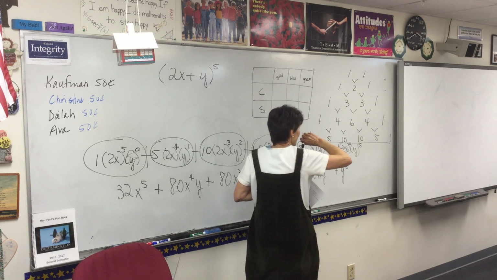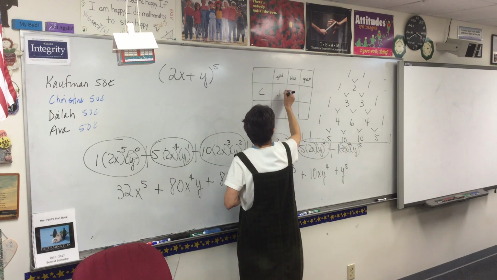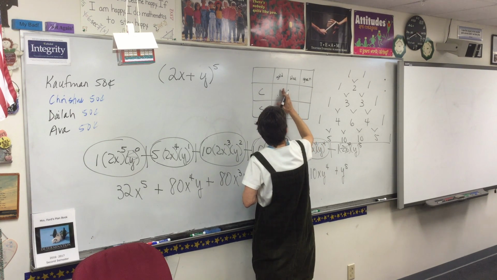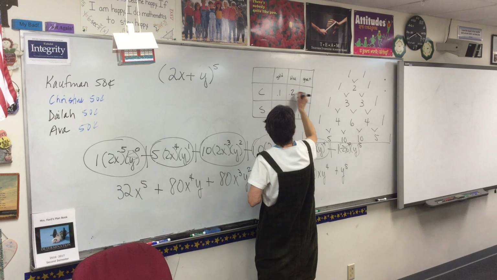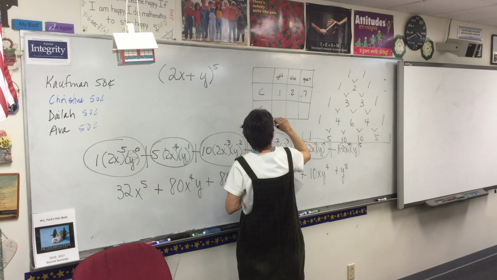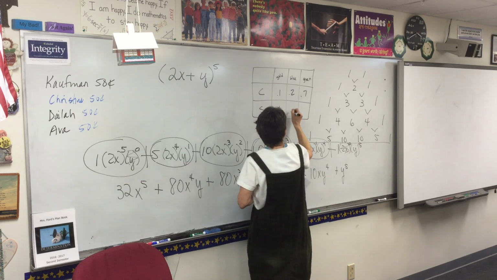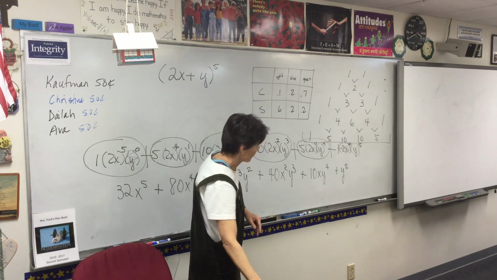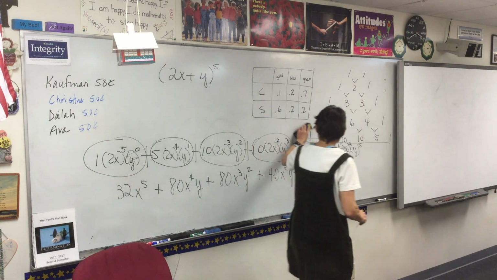Caroline has counted and she has 10% gold, 20% blue and 70% green. Stephanie has 60% gold, 20% blue, and 20% green. So that's the given.